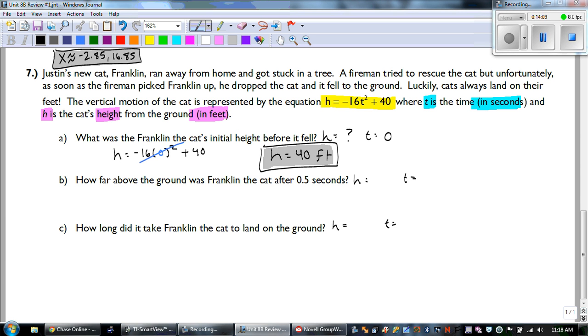Okay. How far above the ground is Franklin after 0.5 seconds? So they're telling me that time is 0.5. And once again, I've got to find the height. So h equals negative 16t squared plus 40, and we're plugging in 0.5.